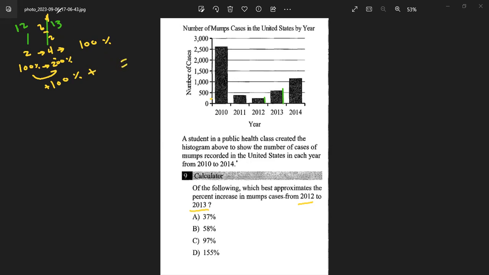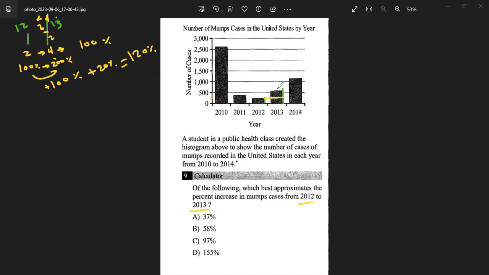Say, for example, 20% here. So the increase should be 120% from the original one. So here it's more than double. It's very clear here. More than double, you see? So this is 100%, another 100%.